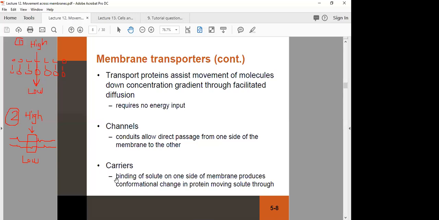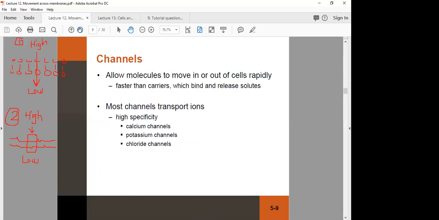They will bind the molecule on one side of the membrane. This binding produces a change in shape of the membrane transport protein, otherwise known as a conformational change, and this allows the molecule to move to the other side of the membrane. And we'll look at images of these in just a moment.